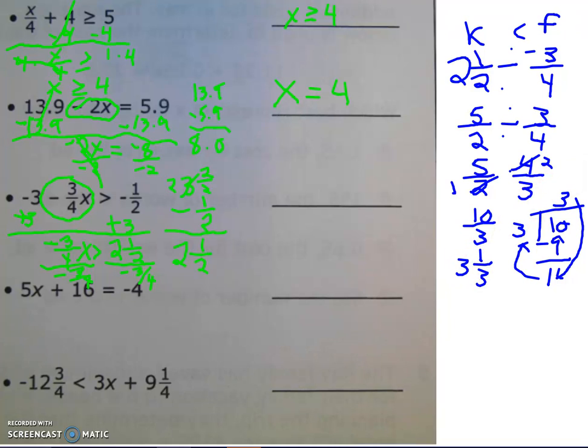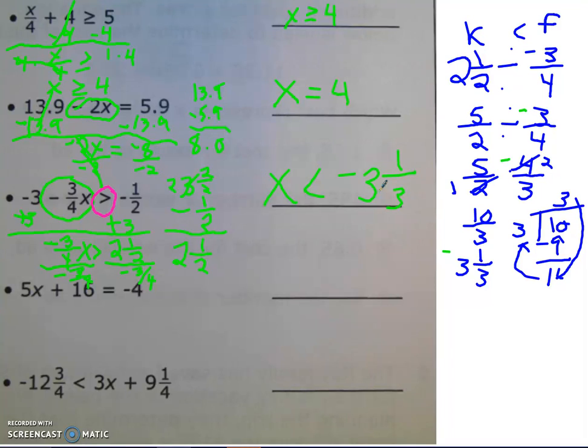Now, the thing about this, though, is the inequality is going to flip. Oops, I got purple. I meant green. So x, instead of saying greater, it flipped, and it's now less than. Oh, and these were different. So it is negative 3 1/3. All right.